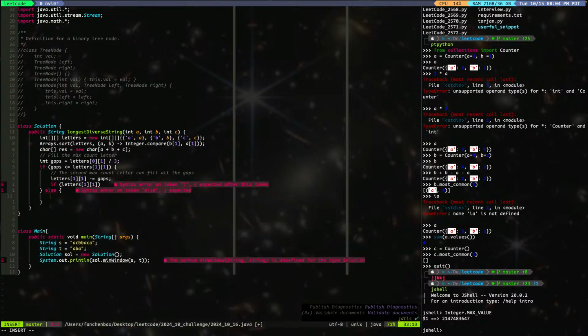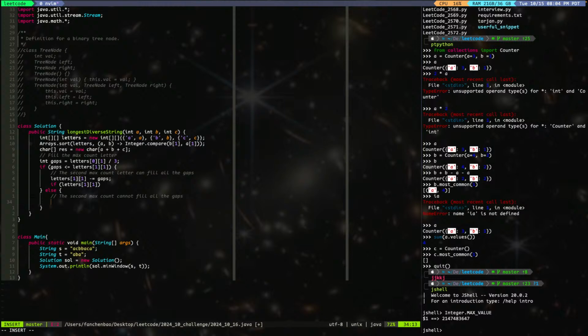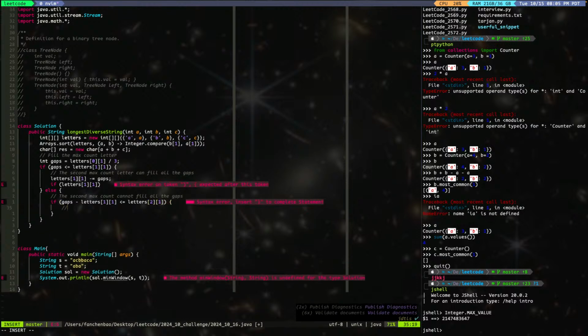This is actually easier. This is the second max count cannot fill all the gaps. Then depends on if gaps minus letters 1, 1 is smaller or equal to letters 2, 1, right?